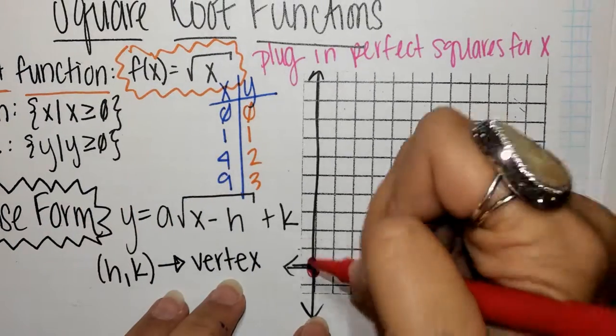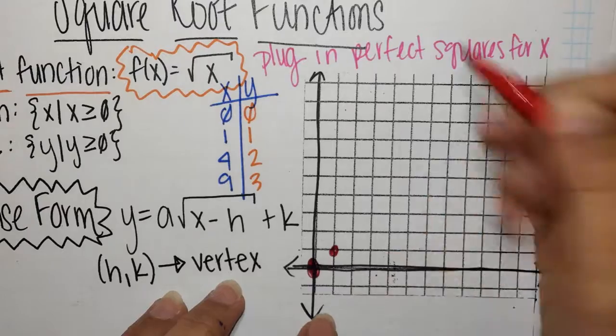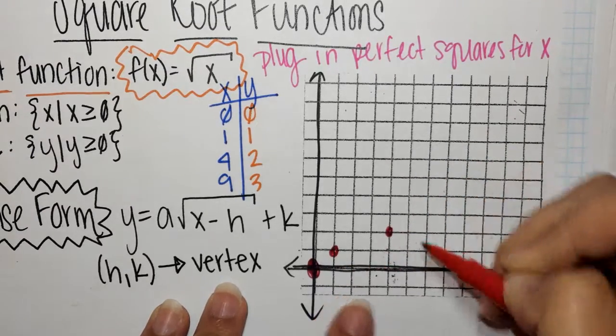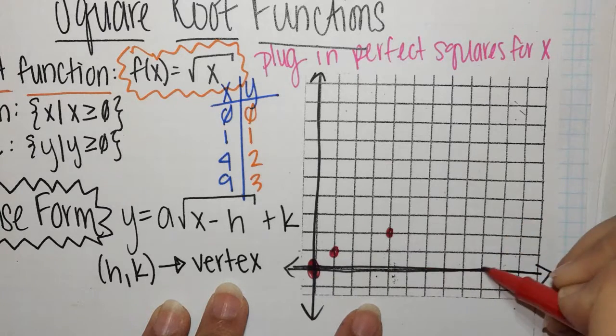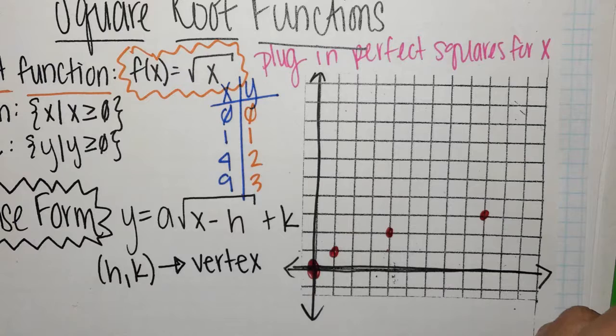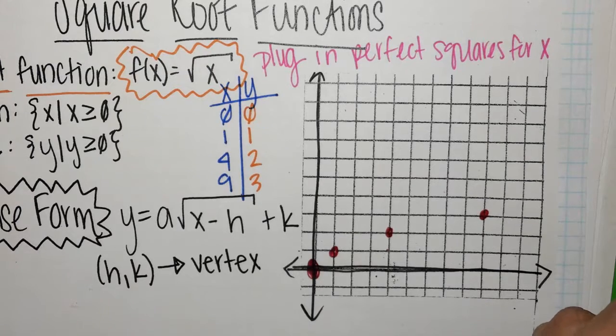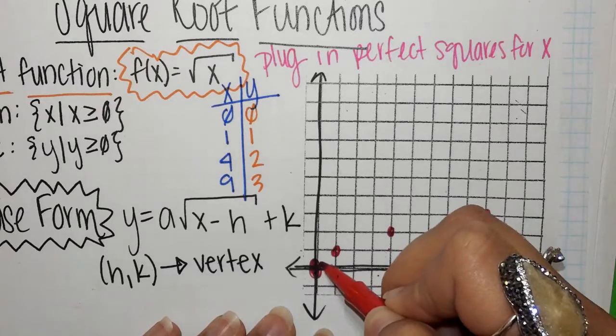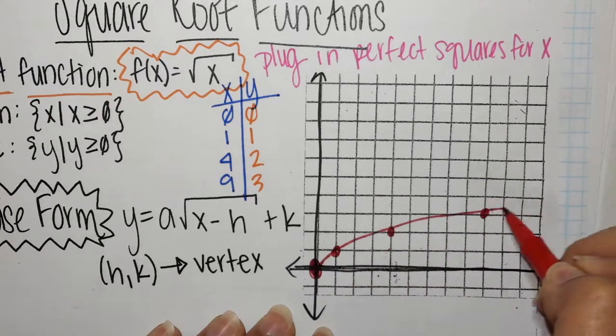Alright, then right 1, up 1. Right 4, up 2. And right 9, up 3. Now, we did not plug in any negative x values because we can't. So it stops here, or starts here, rather, and then goes that way.